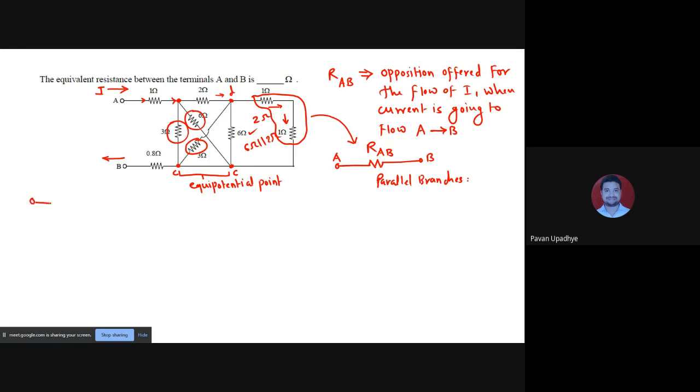So here in this case, I am trying to redraw the reduced circuit in one by one step. So let us firstly draw the outermost boundary of the circuit, and then we shall plot the branches.